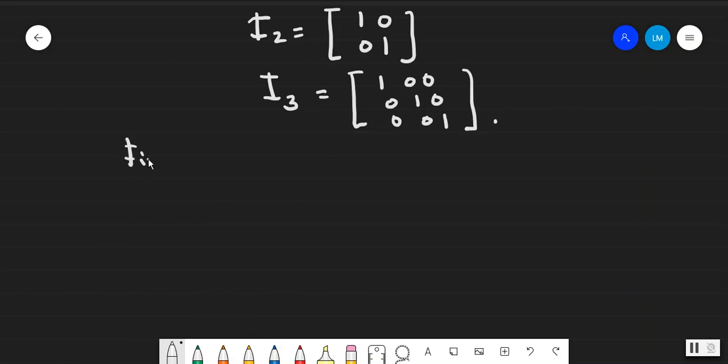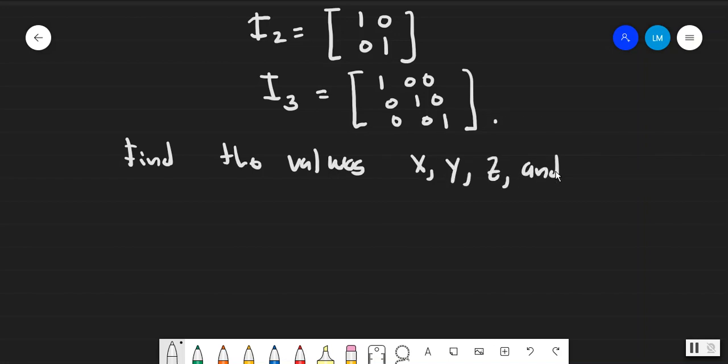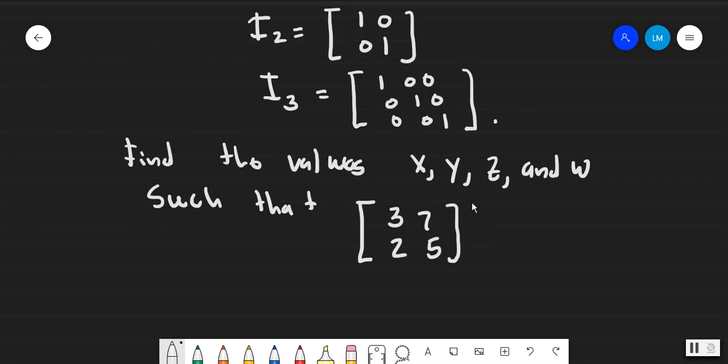We want to find the values x, y, z, and w such that you have the matrix 3, 7, 2, 5 times the matrix x, y, z, w equals 1, 0, 0, 1.